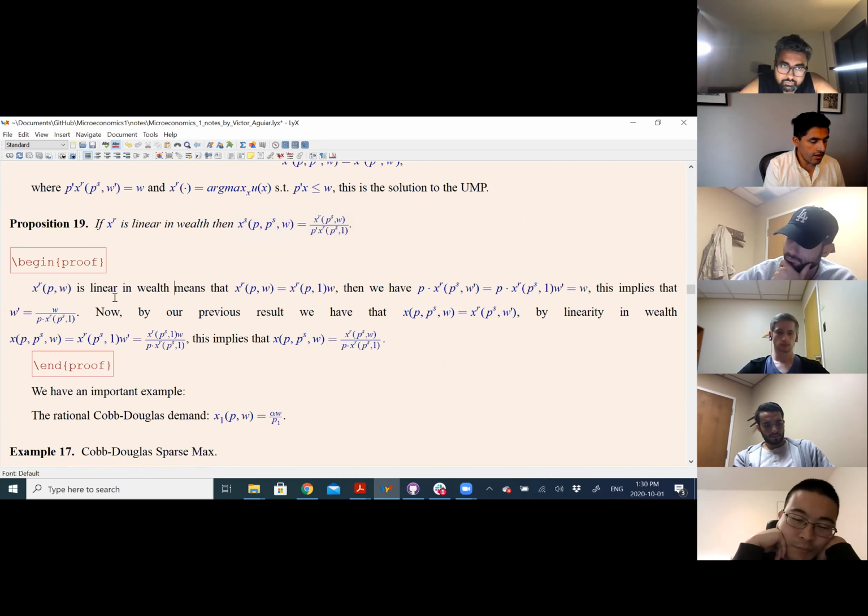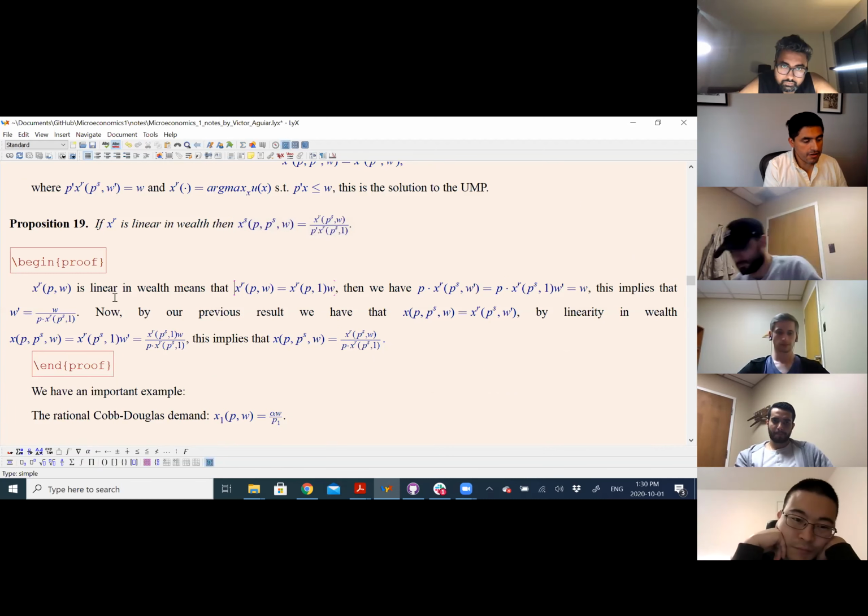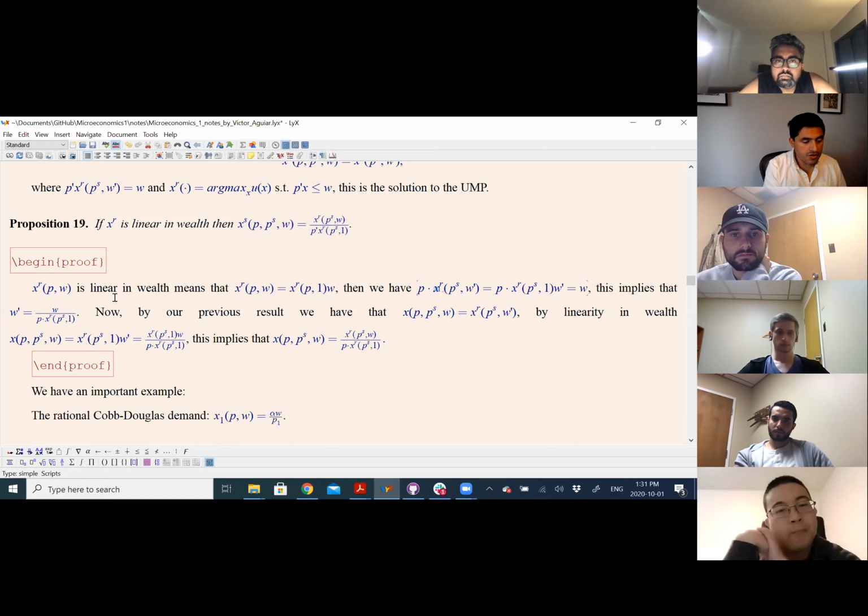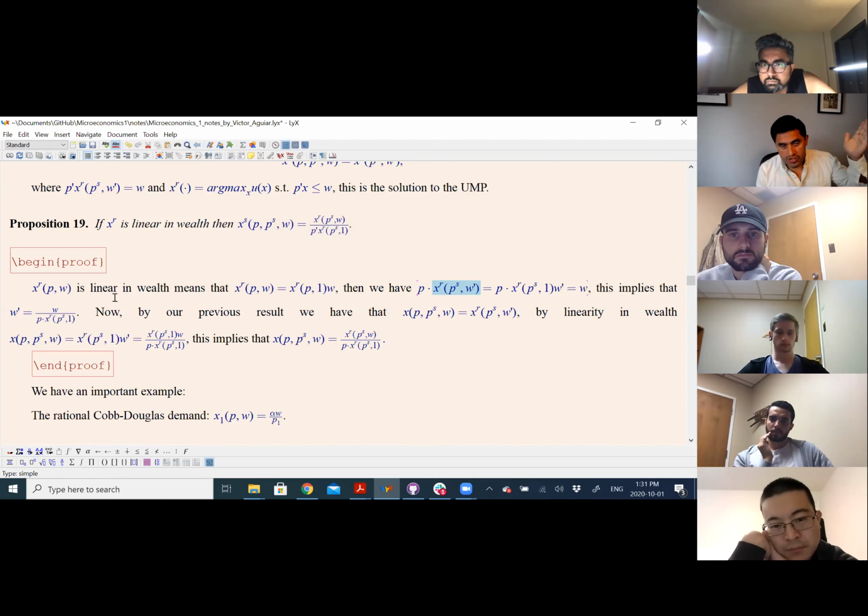Now this means that because of linearity, you can write XR, the rational model, as XR evaluated at income 1, multiplied by income. Do you agree? That's the definition of linearity, right? Now, we know that if I multiply prices times the rational model evaluated at PS, the psychological price, I will need a corrected income, W prime, so it's not the original income, such that I hit the true income.